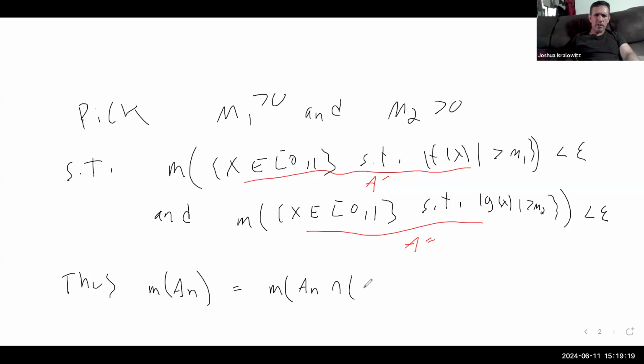So it's either intersect or intersect and then take away.